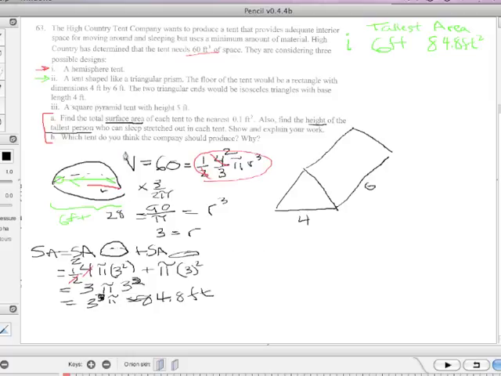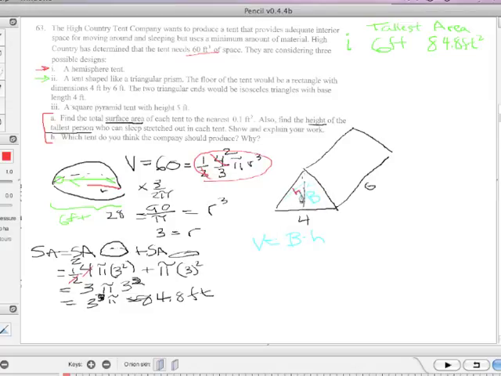So the volume of this is going to be 60, and that's going to help us solve for this height here, because the volume for a prism is just going to be the area of the big base times the height.